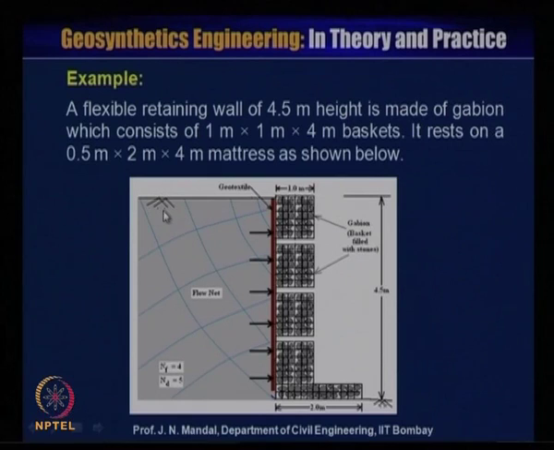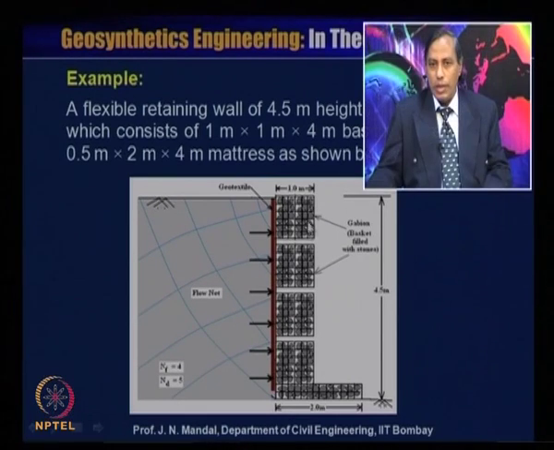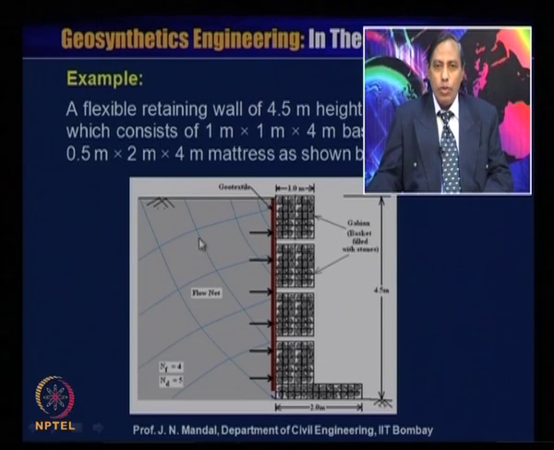and water should percolate through the geotextile and the gabion box, and this gabion box is a basket filled with stone. So, when we design, we should know the quantity of water that passes through the gabion.